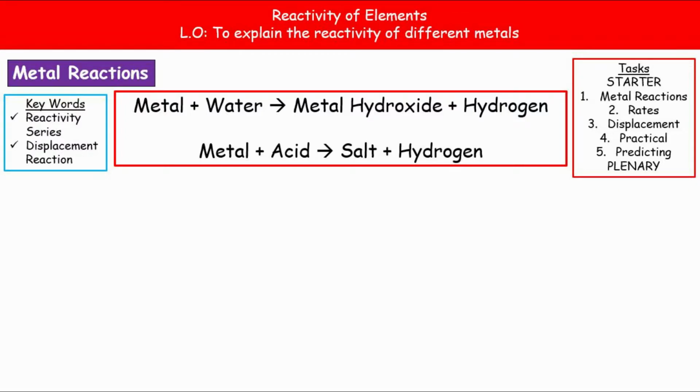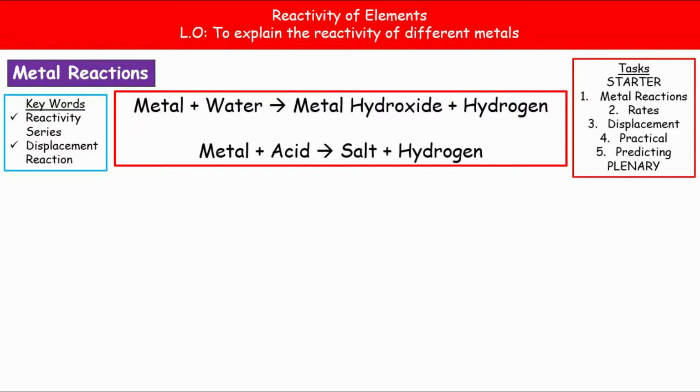So hydrogen doesn't change, therefore we can write that proper name, and it will always be a hydroxide. The only thing that's going to change is the name of the metal. So if we had something like calcium, for example, reacting with water, then we would have calcium plus water makes calcium hydroxide plus hydrogen. All we do is we swap the word metal for the name of the metal.